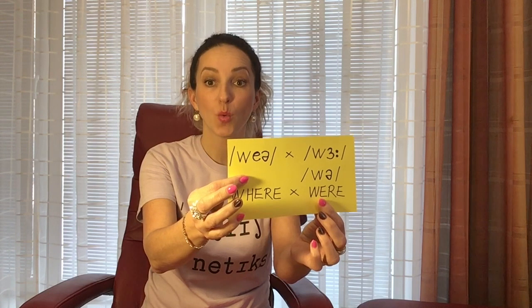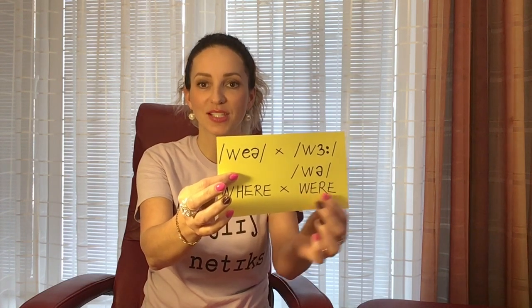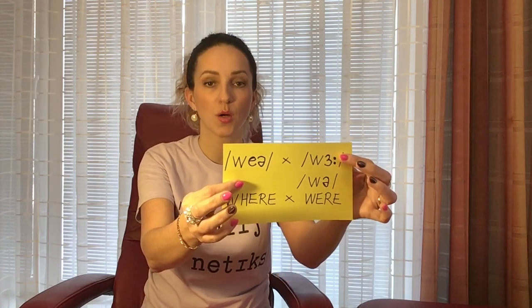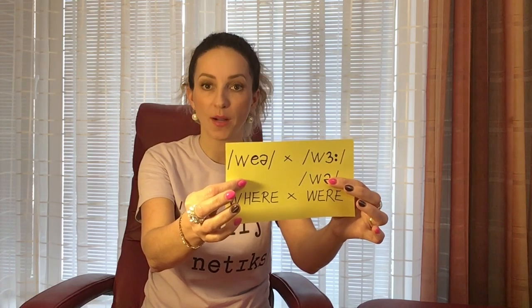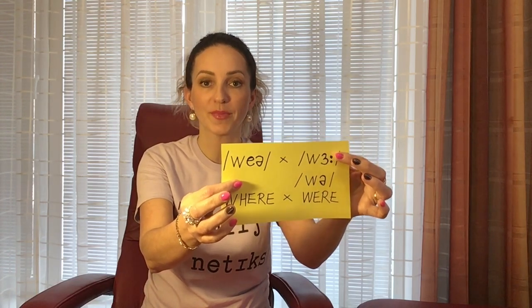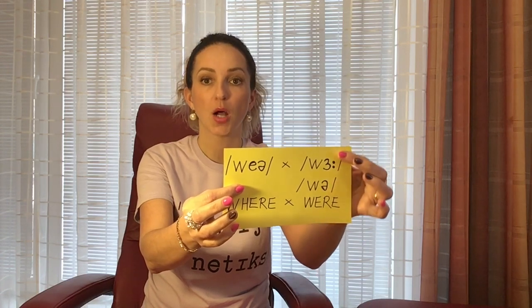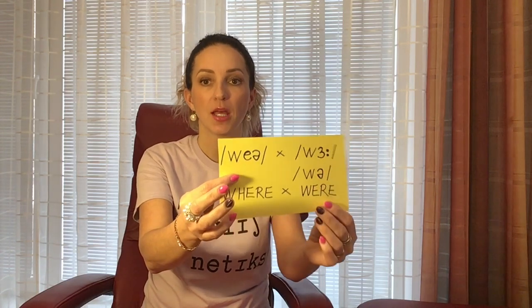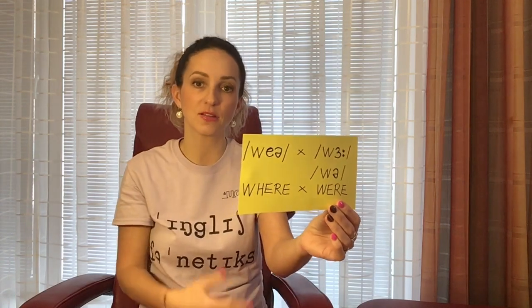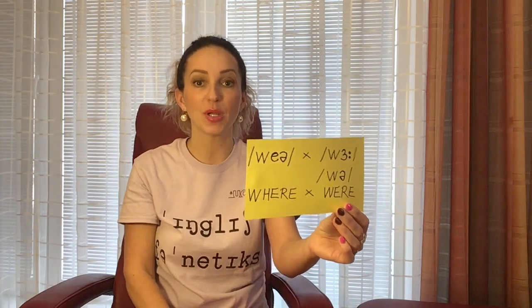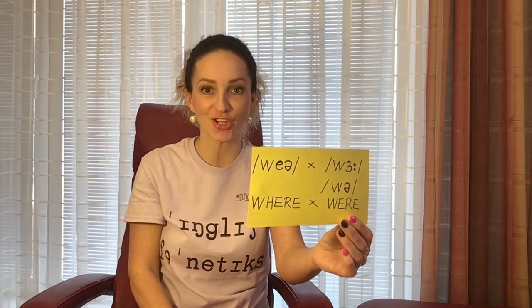But the verb were is pronounced either with the long schwa, were, or with the short schwa, which is were. This is the strong form, this is its weak form. So as you can see, these two words are different not only in terms of their meanings, but also in terms of their pronunciation.